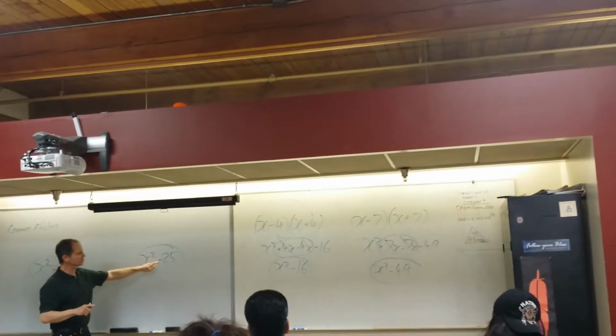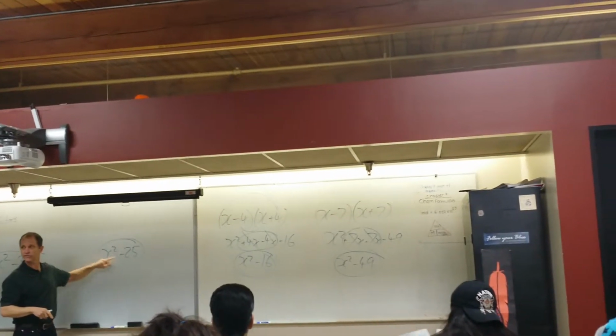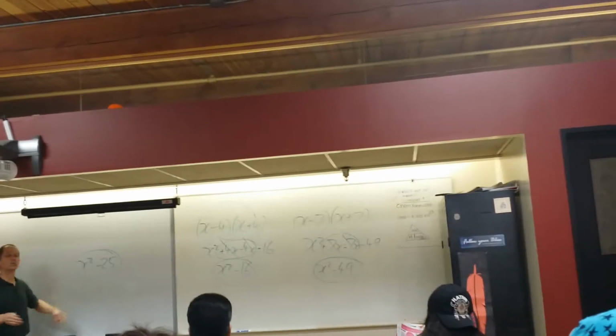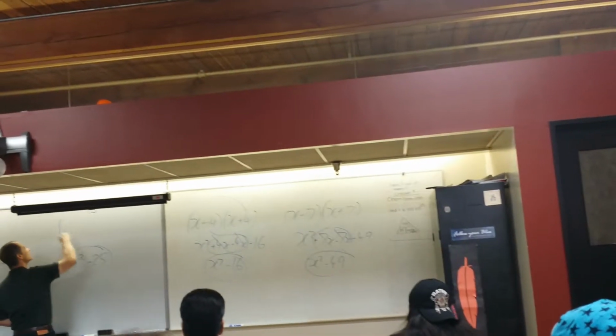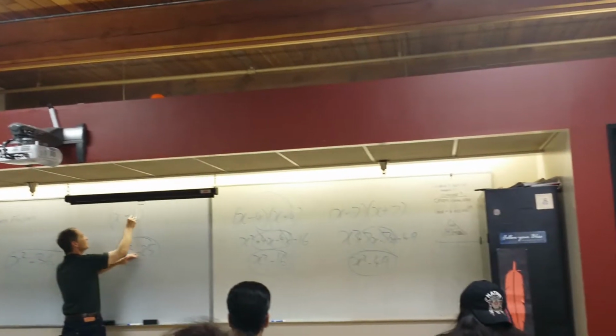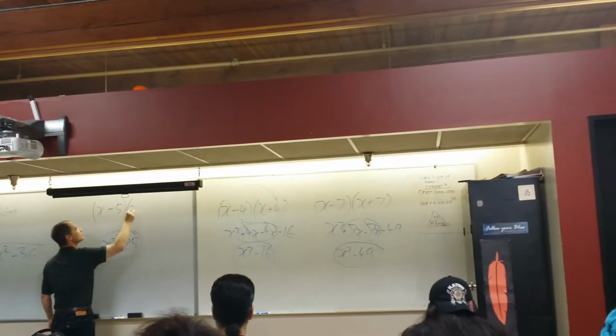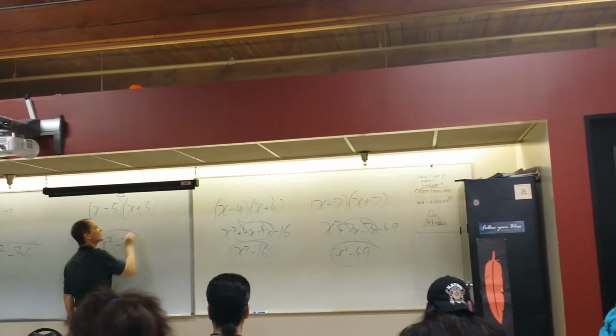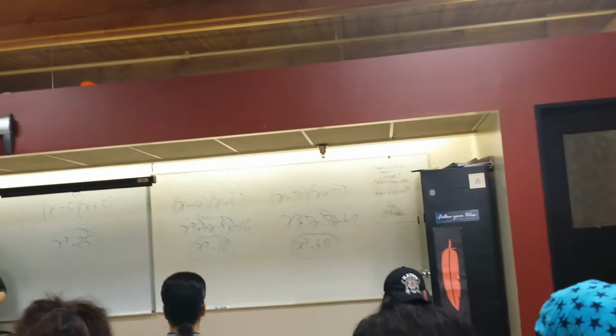If we recognize the difference of two squares, can we immediately write it as the root of this, which is x, minus the root of this, which is 5, times the root plus the root? Can we do that? It's where it comes from.